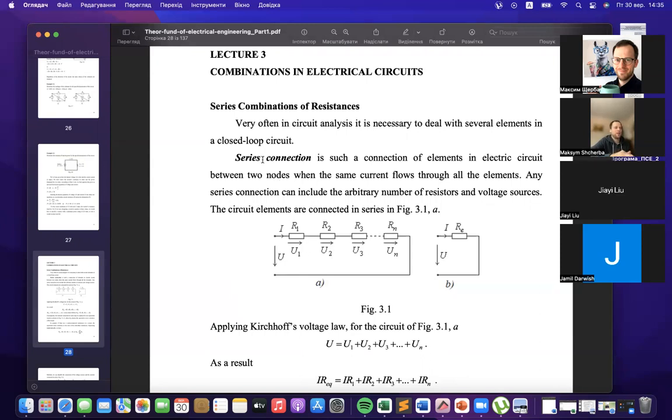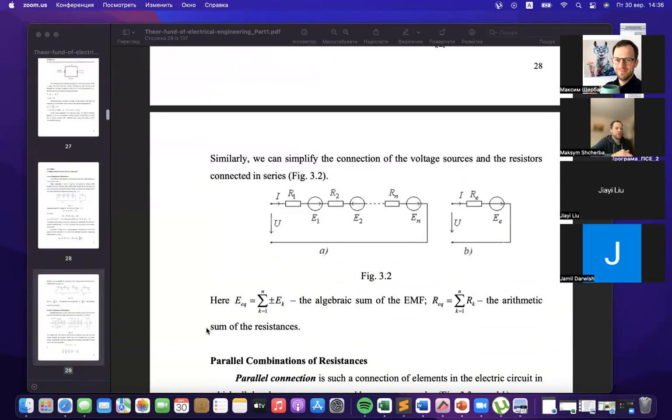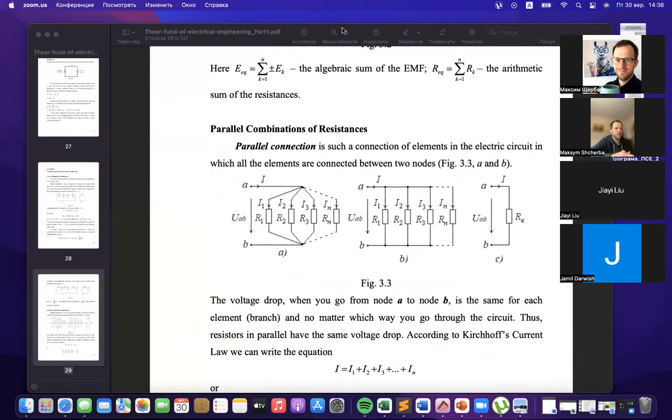Starting from basic physical transformation, I think from the course of general physics or course of electricity and magnetism, it could be discussed that all elements connected with the same current is called series connection, if current stayed the same, or elements which are connected with the same voltage, the voltage is the same, is called parallel.